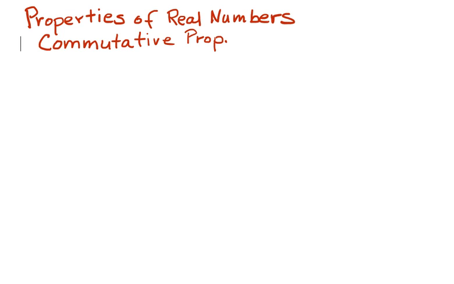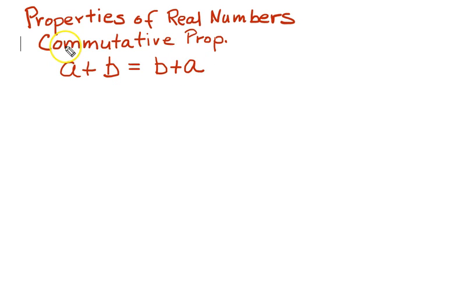So what is the commutative property of real numbers? Well, it's that if you had a number A and you were going to add it to a number B, that if you added the B first and then the A, that's legal.